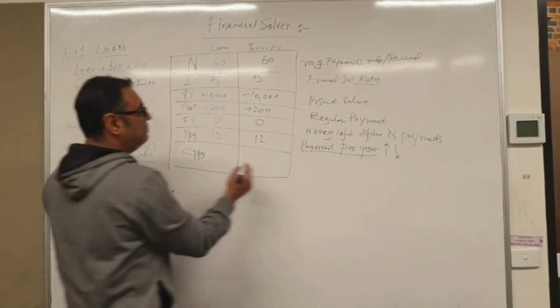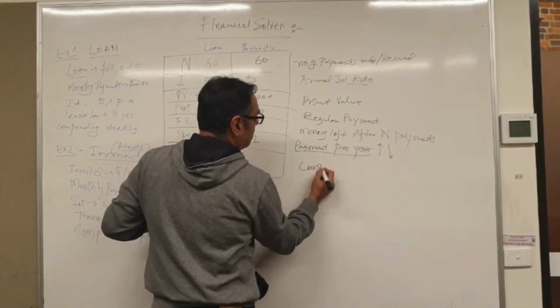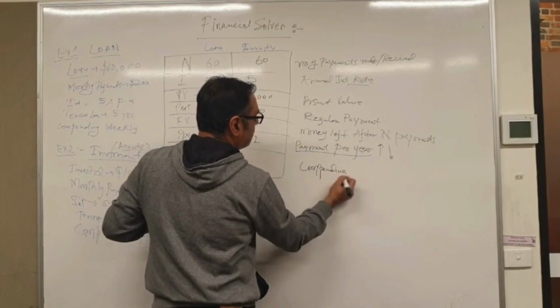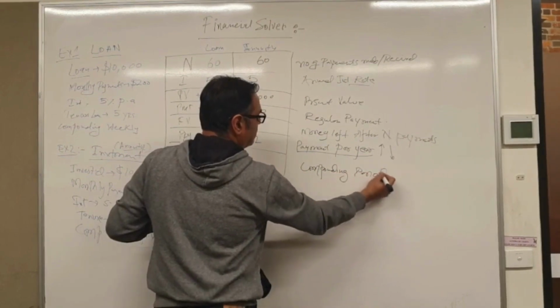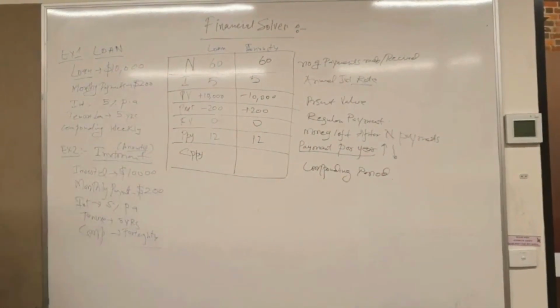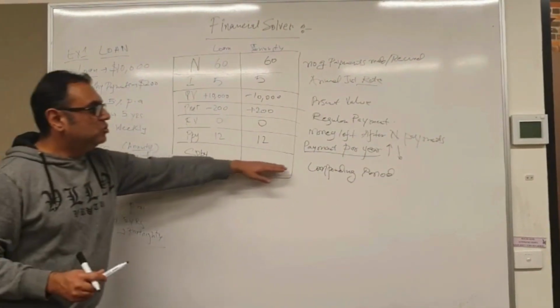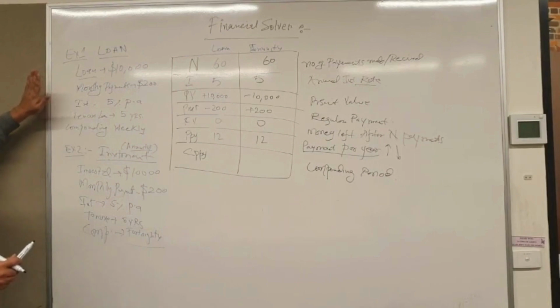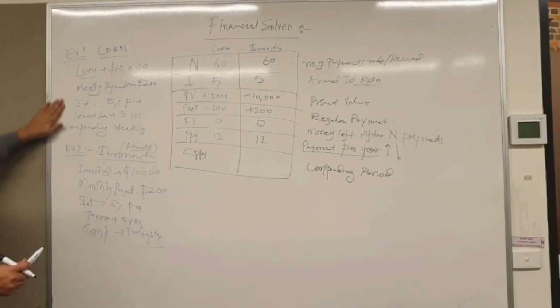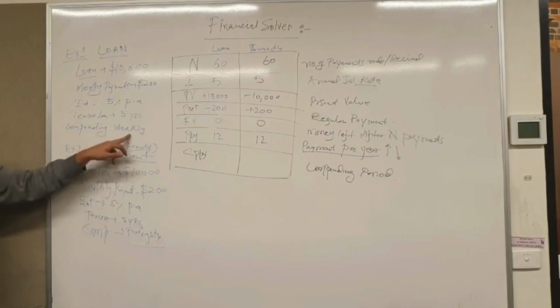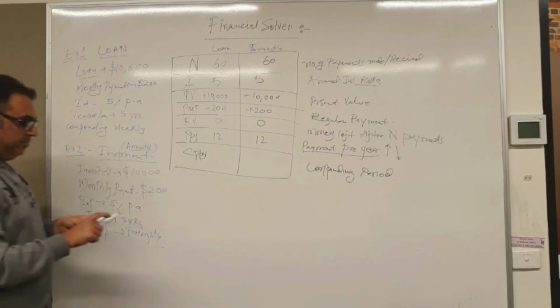This is called CPY, the compounding period. Compounding period. So, how many compoundings are happening in loans? 52. Why? Compounding weekly. Did you get it?